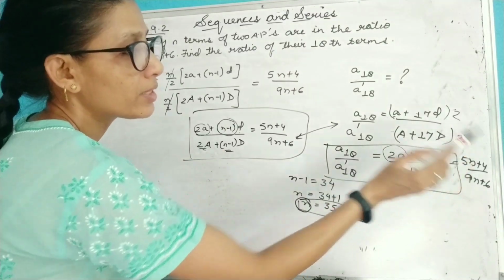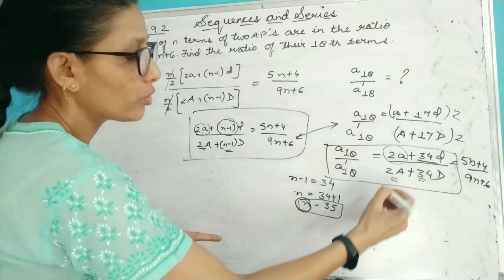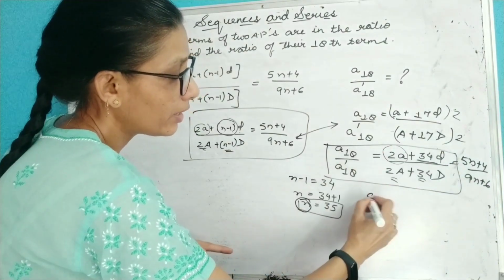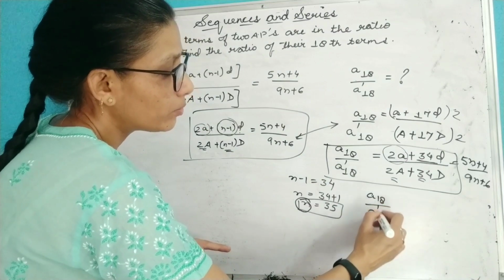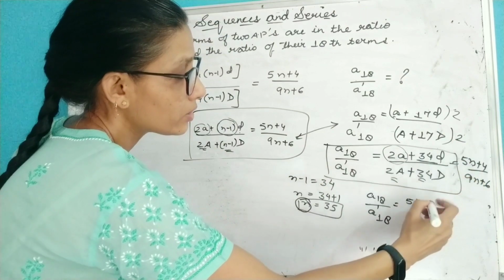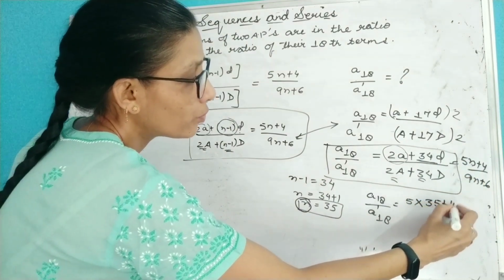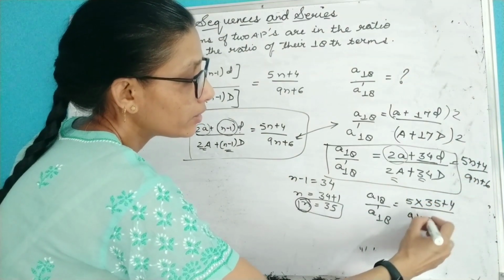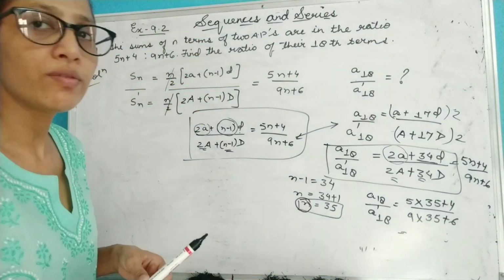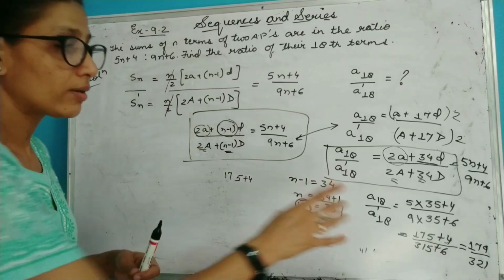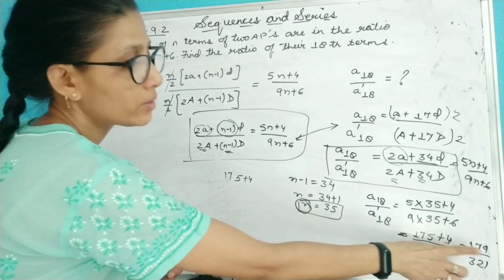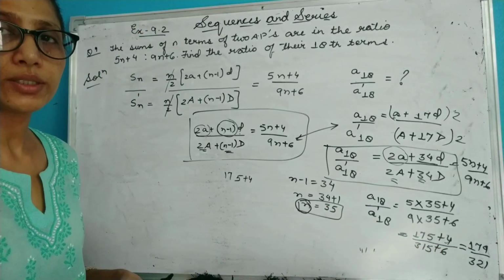So I write the ratio of the 18th terms of the two different APs as 5 into 35 plus 4 by 9 into 35 plus 6. After solving, I get the ratio of the 18th terms as 179 by 321.